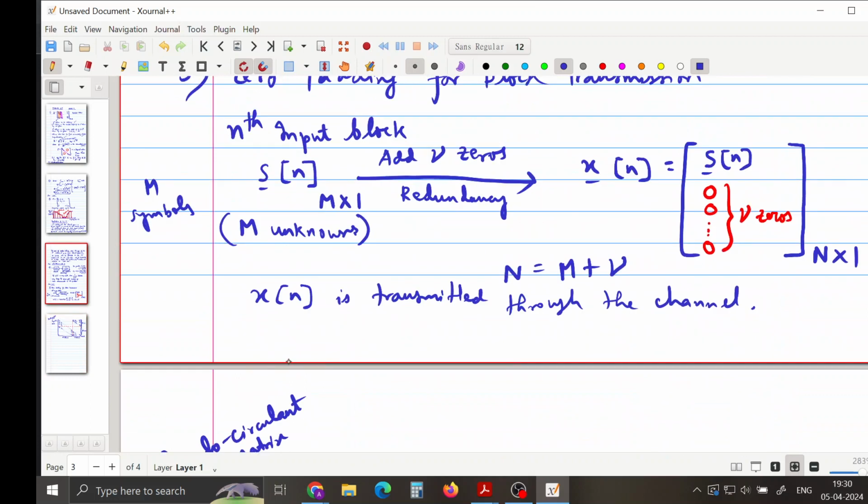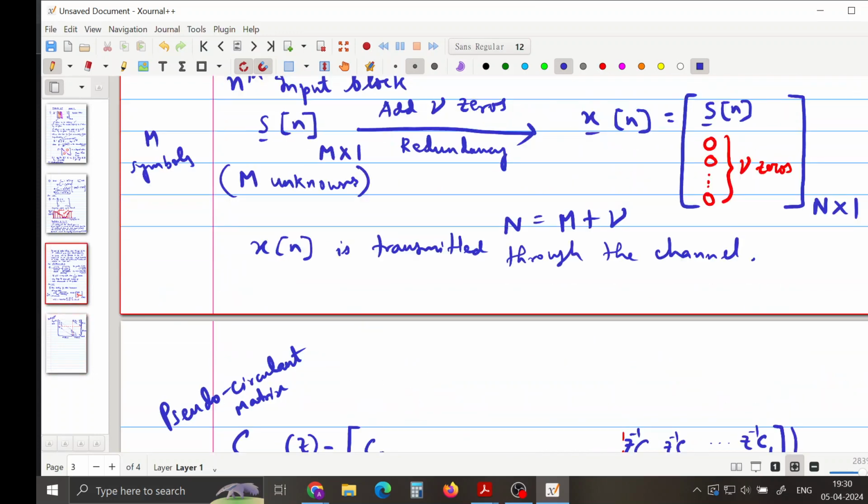And remember, in the lectures we have seen the relation in terms of the Z transform as well. So I use s of n and x of n in the time domain.